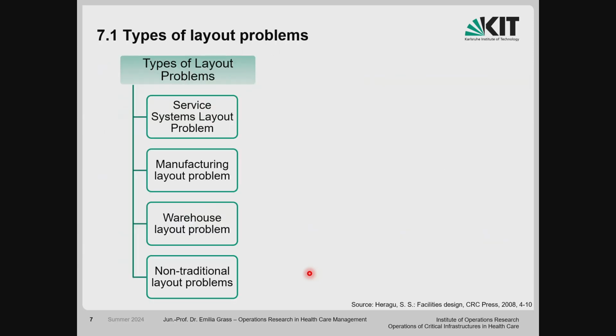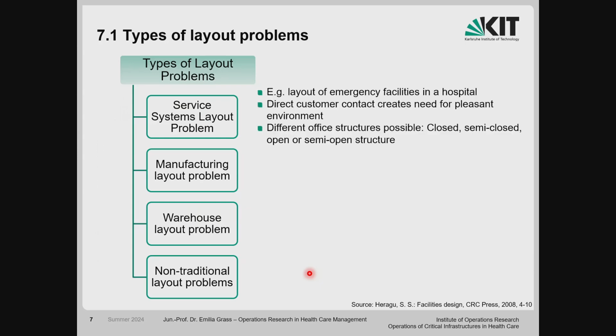But before we go to this, what kind of objective we'd like to achieve, we have different types of layout problems. Okay, so service system layout. Okay, so we have this emergency facilities in a hospital, and all these problems have different objectives. So for an emergency department, we would like to have some kind of pleasant environment for the patient, that makes them feel comfortable, or different office structures possible.